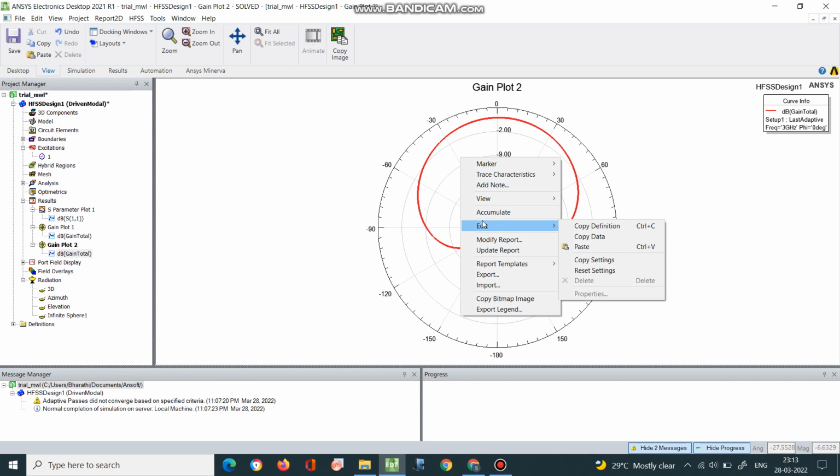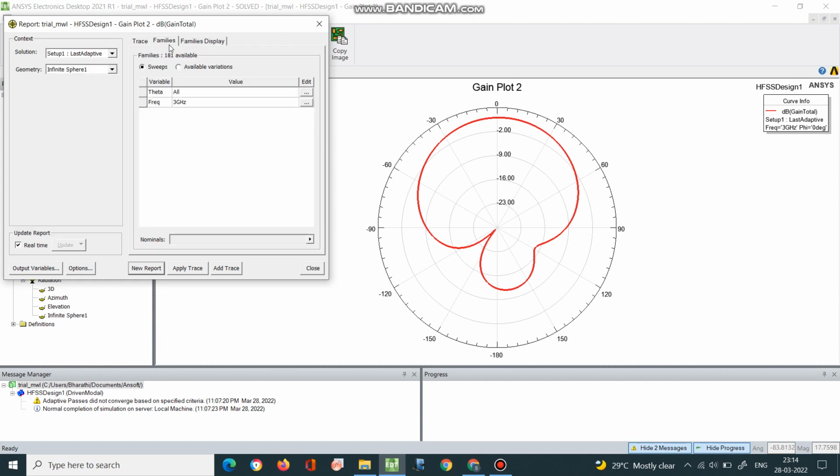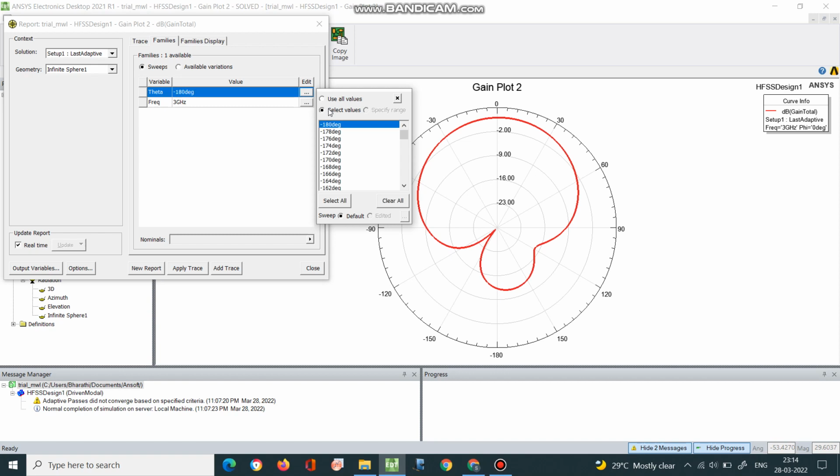And we can also draw the azimuth angle phi. For that, modify report. Again, take the same thing, gain, total gain, and dB, but give the primary sweep as phi, and go to the families and give theta as 0 degree.